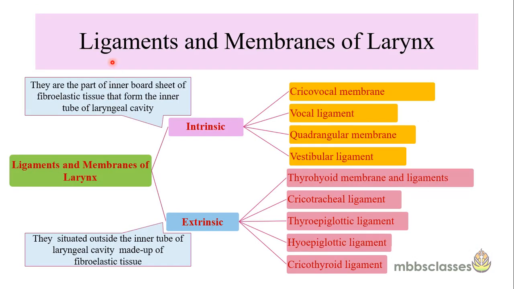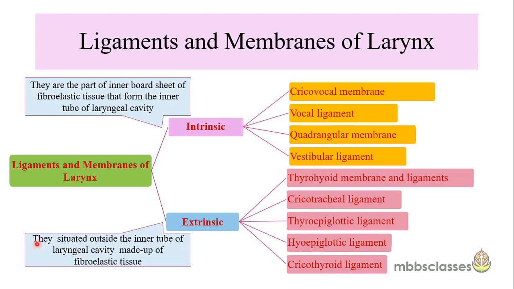function. So coming to the ligaments and the membranes of the larynx, these ligaments and membranes are responsible for connecting the different cartilages of the larynx and forming a single unit. Broadly they are classified into intrinsic and extrinsic groups. The intrinsic group is part of the inner broad sheet of fibroelastic tissue that forms the inner tube of the laryngeal cavity.